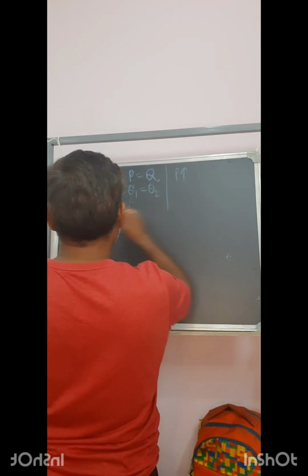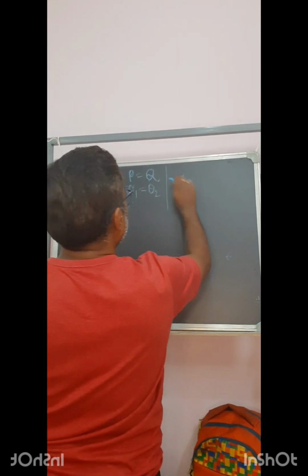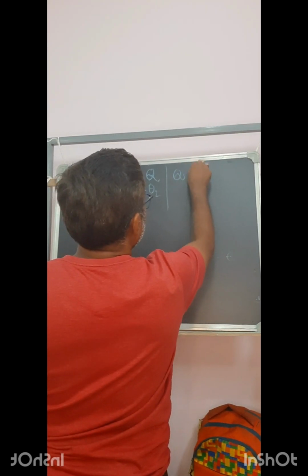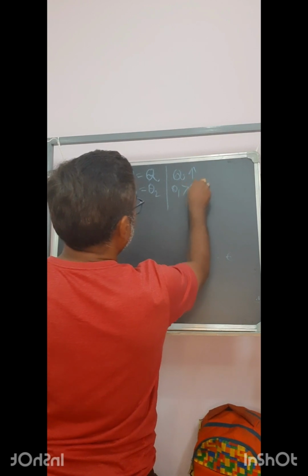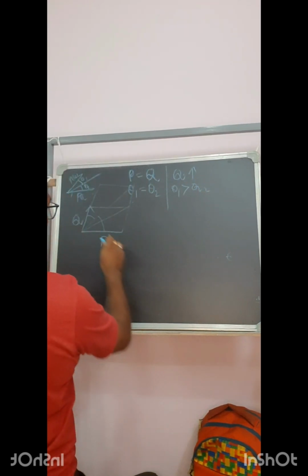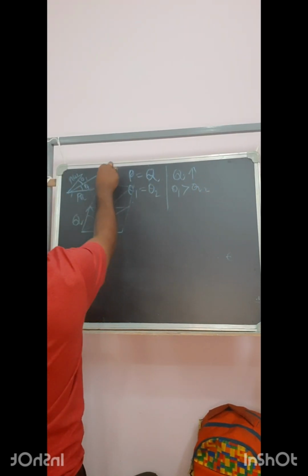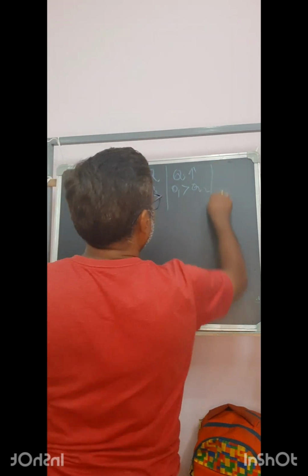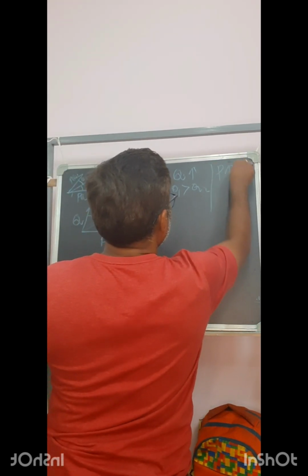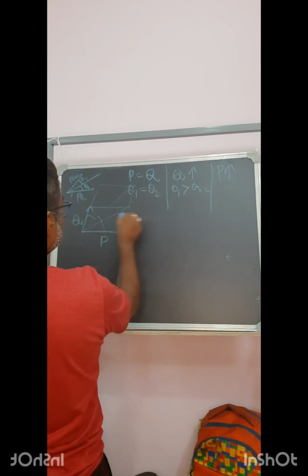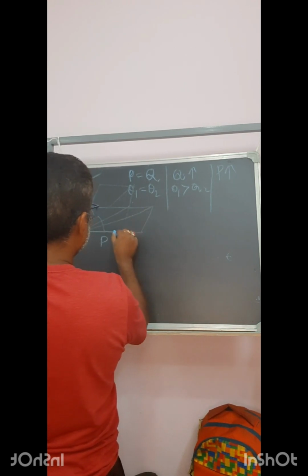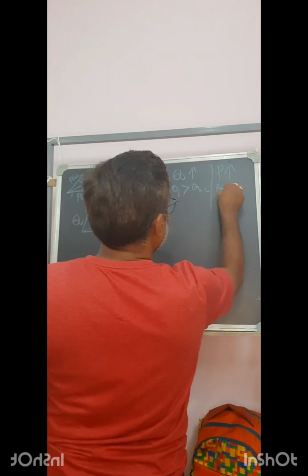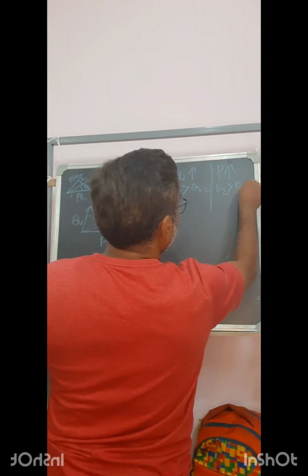So if I increase Q, then theta 1 will be more than theta 2. Theta 1 will increase if Q is increased, and if P is increased, the resultant will go here, theta 1 decreases, so theta 2 is greater than theta 1.